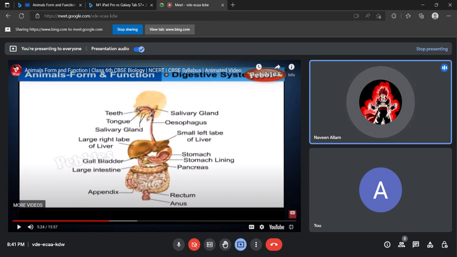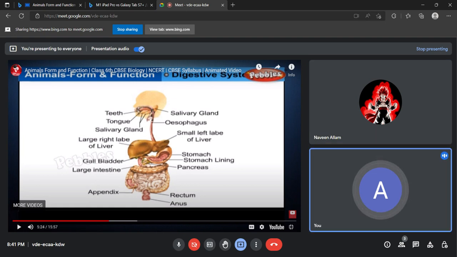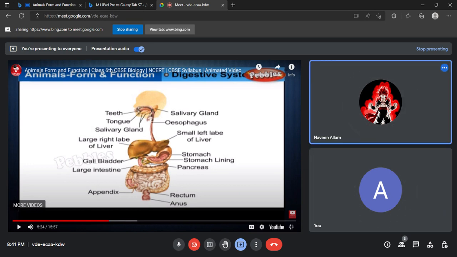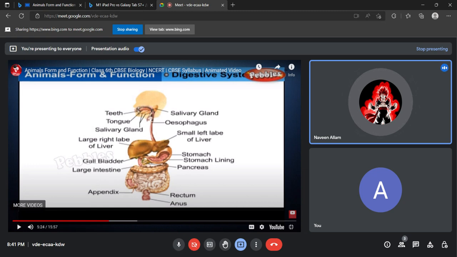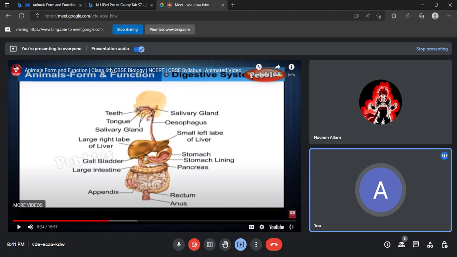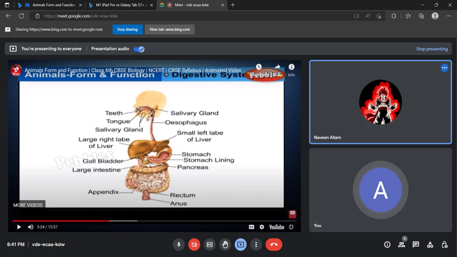The gallbladder. Right from the start, you try to tell me. Teeth, yeah, teeth, and then salivary gland, then tongue, okay, then esophagus.